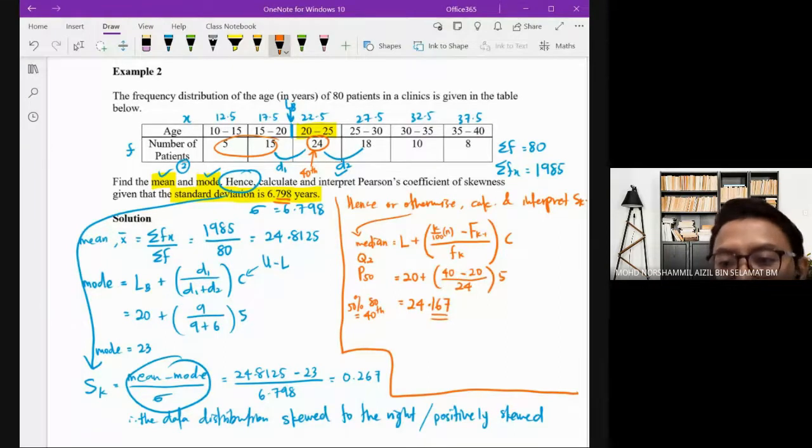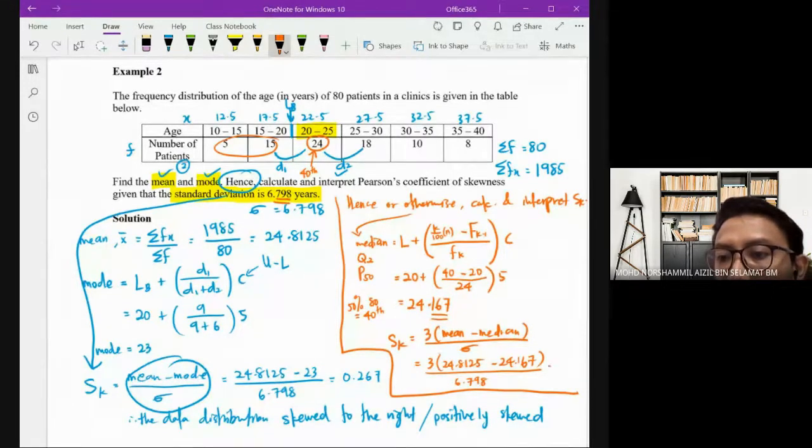Alright, so let's calculate our skewness. We can use the formula of mean minus median. Be careful, there is a 3 in front: 3 times mean minus median, divided by standard deviation. So 3 times the mean we obtained already, 24.8125, minus our current median, 24.167, all divided by the given value 6.798.